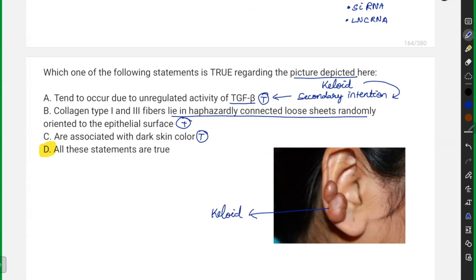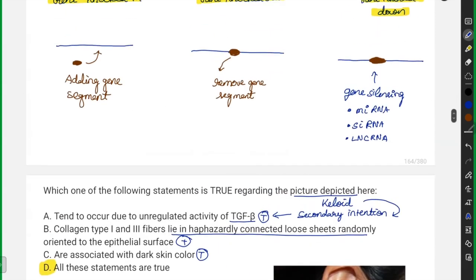I want you all to write down this table column. It's a very, very important thing: how scar formation takes place. There is going to be a tissue injury. Whenever there is any tissue injury, it leads to inflammation. That inflammation will cause angiogenesis.